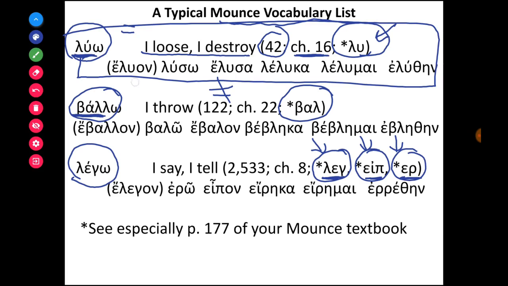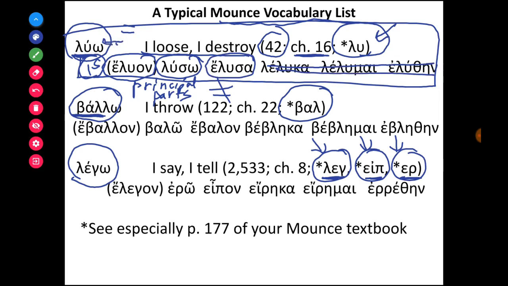Then he lists what we call here the principal parts. These are the first person singular forms for the following tenses. And so this is the imperfect tense, this is the future tense, this is the aorist tense, and you have not learned these yet, so we're going to wait on those.